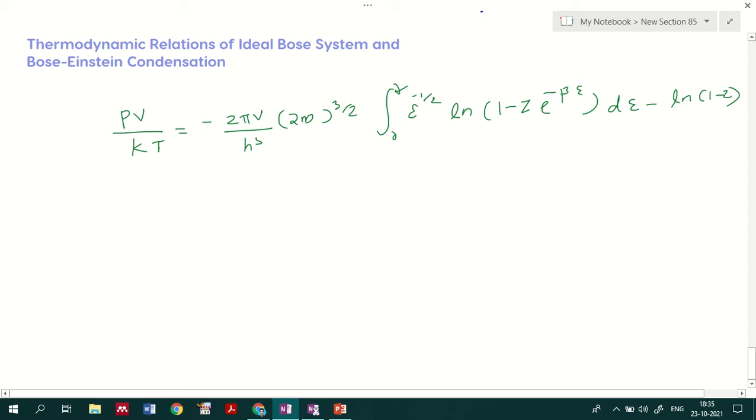Now if I divide this entire equation by the volume V, I will get P by KT.